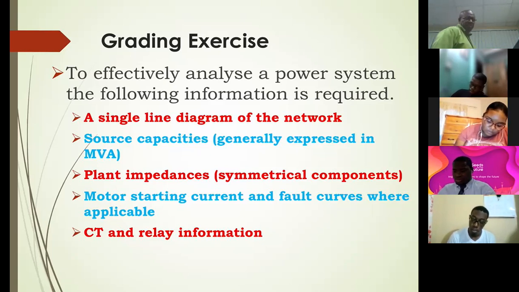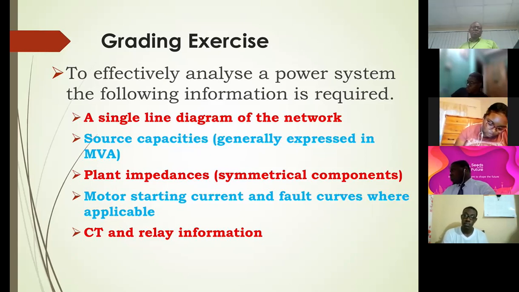All right? Now we mentioned motor starting current and fault curves where applicable, because on the fault, depending on the size and the type of the motor, they will contribute to your fault current. All right. And then finally, we also need the CT and the relay information.